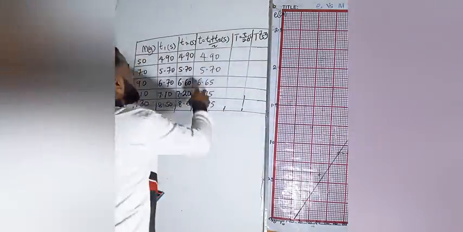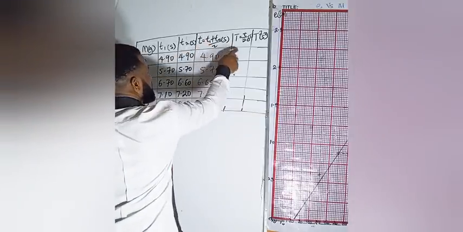Right. So with this value now, I'm going to divide this by 20. I'll write the answer here.